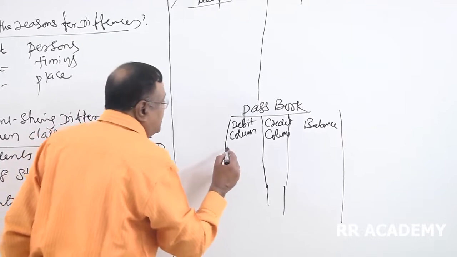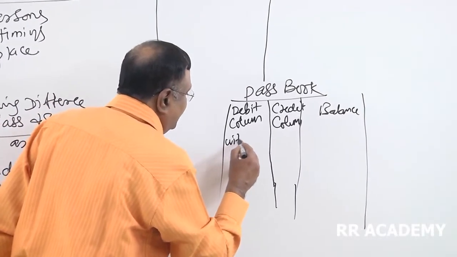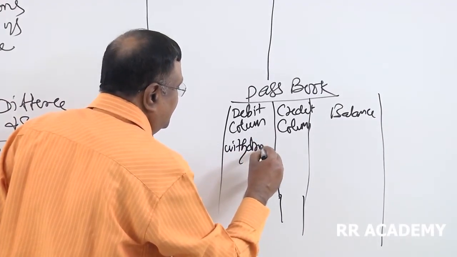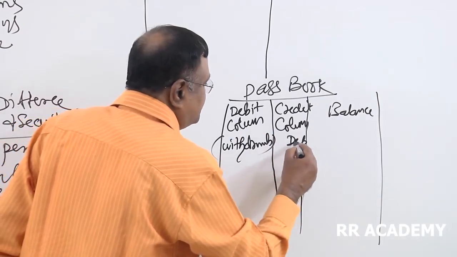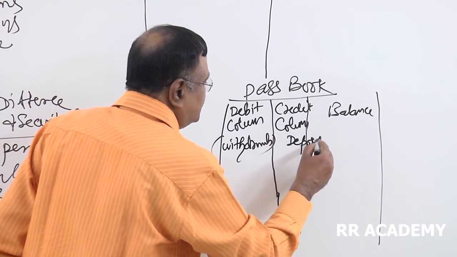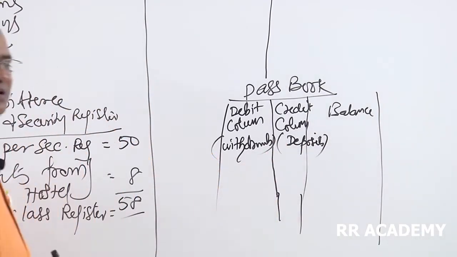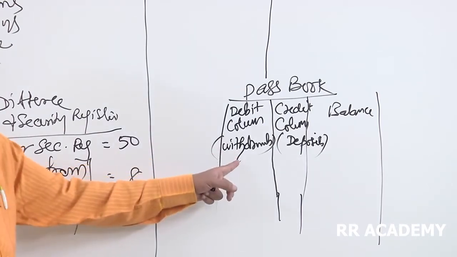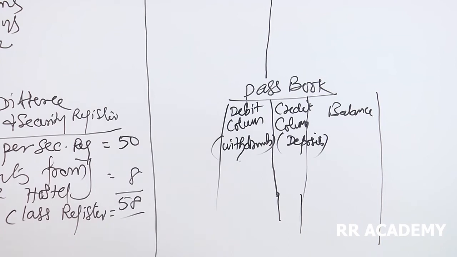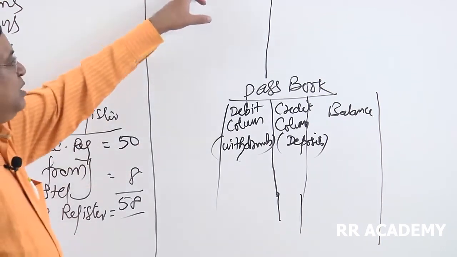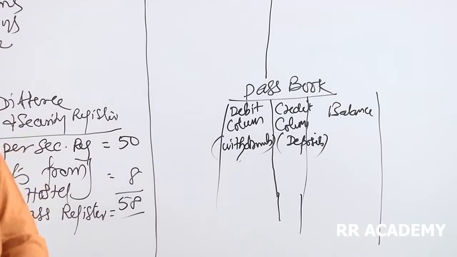What do you mean by debit column? Withdrawals. Credit column, deposits. Simple passbook. Even you are entitled to have a passbook, friends. You can go through your parents' passbook; it will be like this. Withdrawals, deposits, balance. Okay.